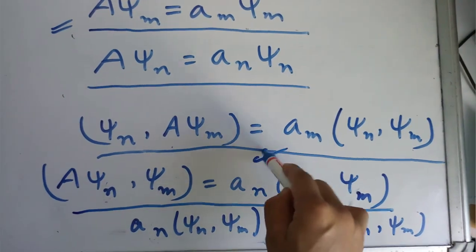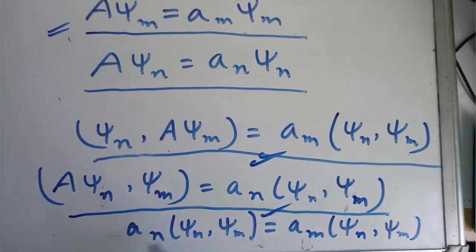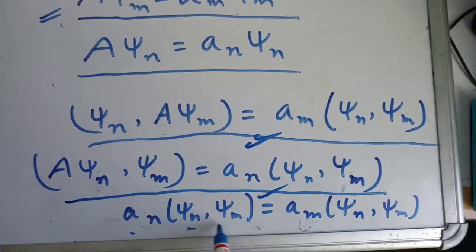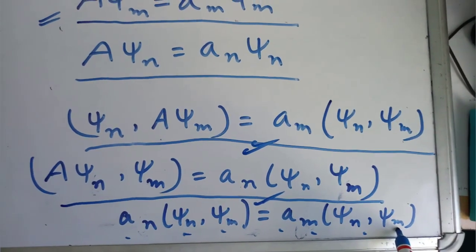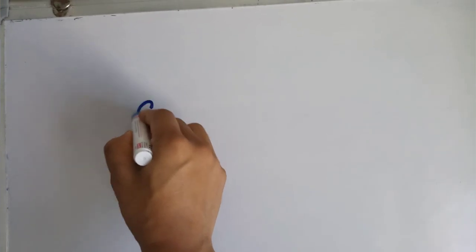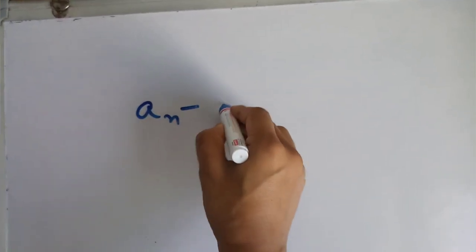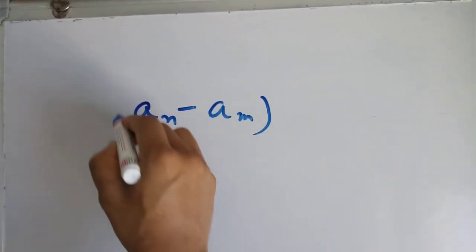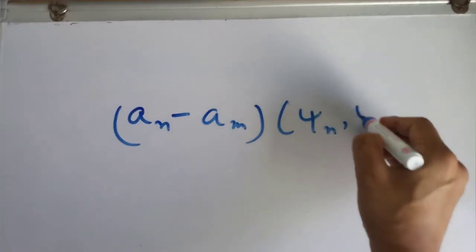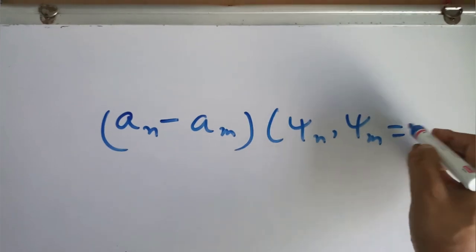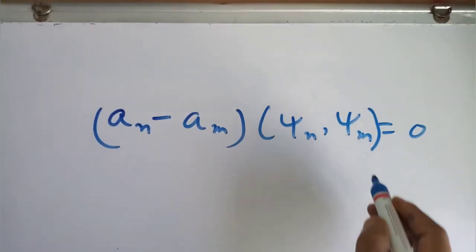So from these two equations, we get (a n minus a m) (psi m, psi n) is equal to 0.